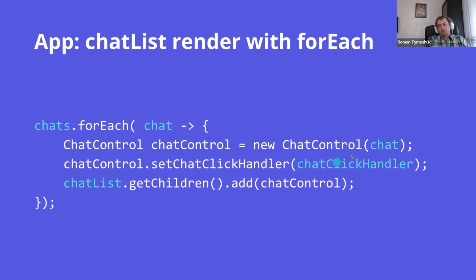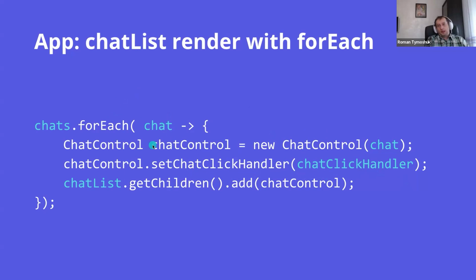And here, new chat controls are created based on the chat object. So what is the main application doing? It creates a chat with a dependency on the messages, creates the control, and associates the click handler. The click handler is only one object reused by multiple controls. You can use a lambda, you can use forEach, or a classical iterator and for cycle.